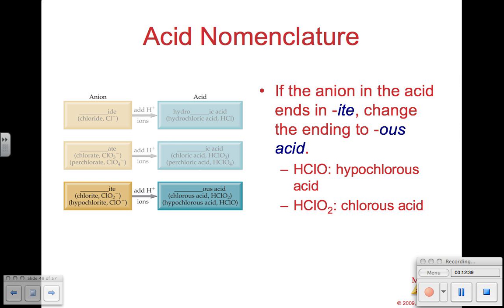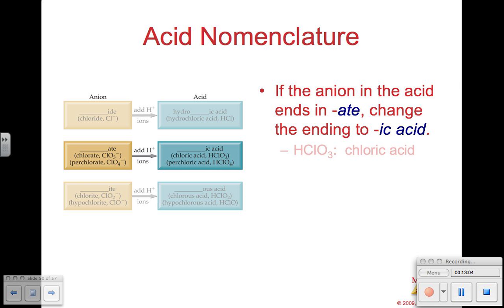Another way it applies: if we had chlorite or hypochlorite, in the acid form it would be chlorous acid or hypochlorous acid. So you change the -ite ending to an -ous acid ending, and that gives you a way to decipher what the formula is going to be for that compound.